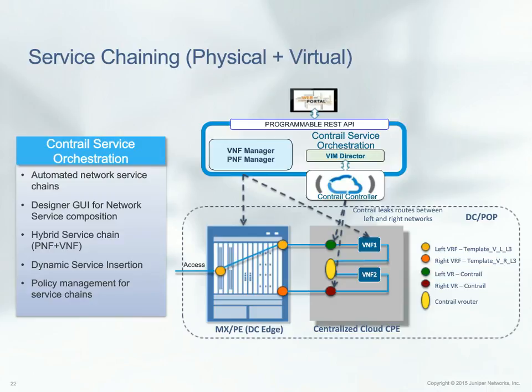So this service chaining capability, as orchestrated through our Contrail platform, begins to really automate these procedures so that you don't have to manually stitch these sequence of events together.